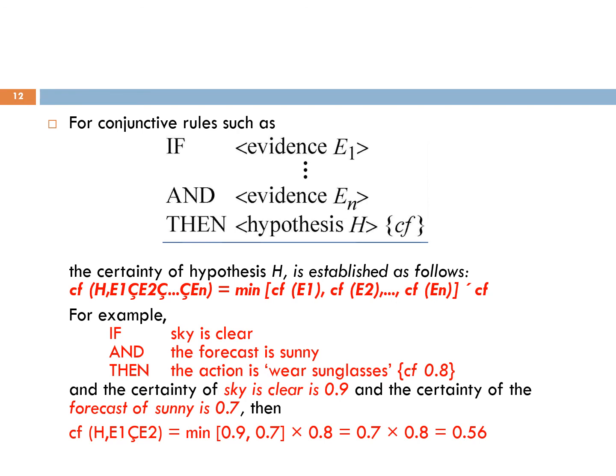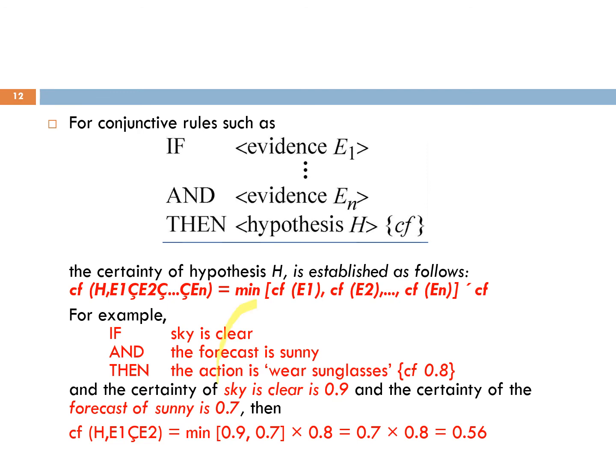So you have to find the minimum one, between 0.9 and 0.7. Actually, 0.7 is the minimum. You multiply it by the certainty factor of the action to wear sunglasses, 0.8. So 0.7 multiplied by 0.8 is 0.56.